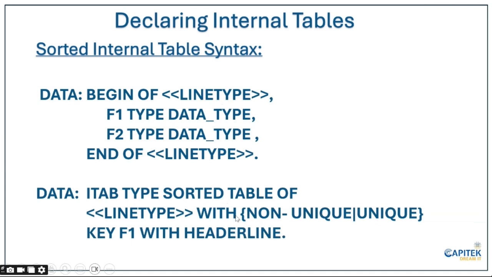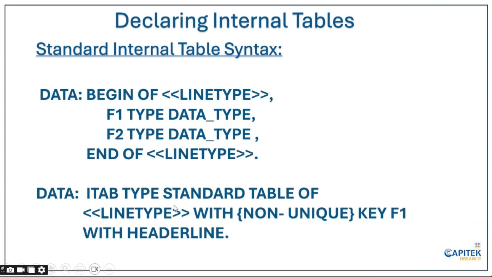I have taken an example with respect to the header line here too. Again, I am saying the key field is F1. So this is how the syntax looks for the sorted internal table. We explicitly mention the type of the table here. This is sorted. If you see the previous example, we mentioned standard table.